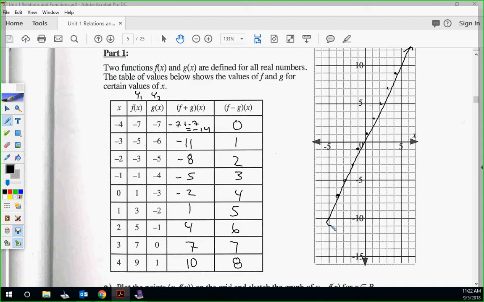Now it also wants us to do x, g of x. So that's these points. It starts at the same spot, the -4, -7, so right here. Then we go -6. Then -5. So this one's just going up by 1.